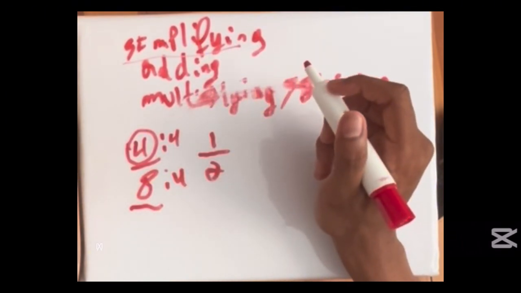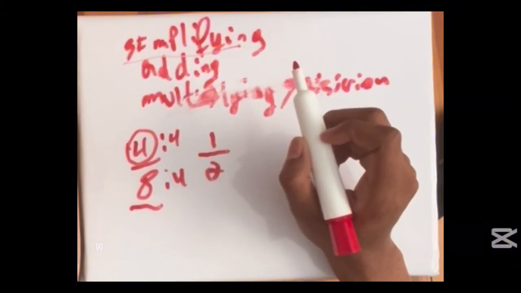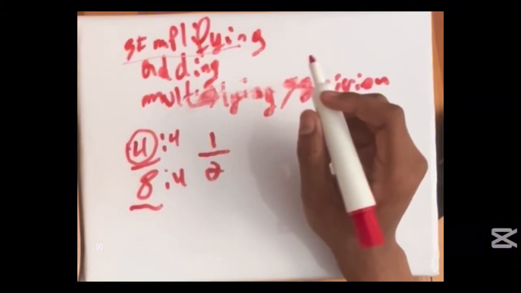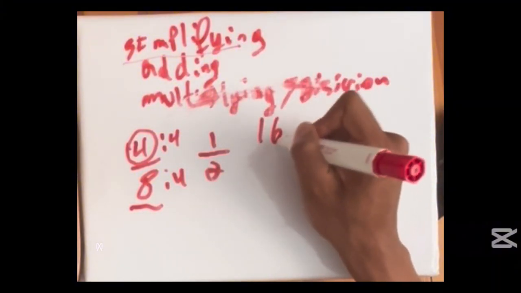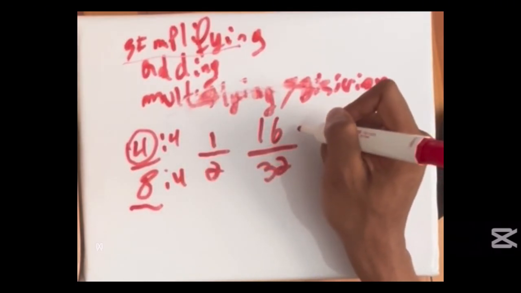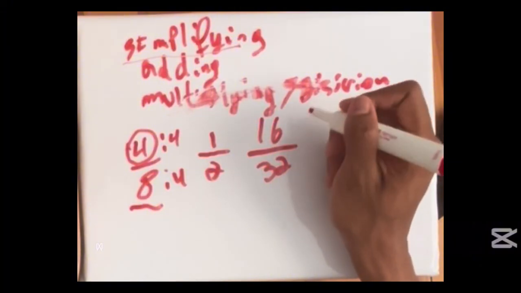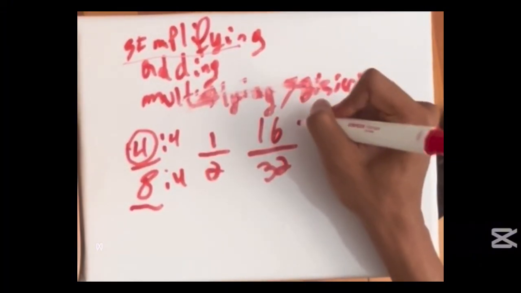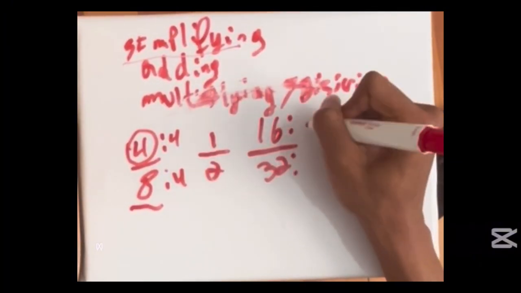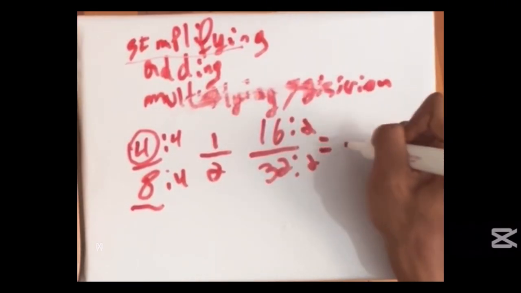So this is a basic. But sometimes if you have large numbers, it can become really tedious and you have to go at multiples. So let's just say you had something like 16 over 32, right? Now you don't necessarily know what will simplify this to its fullest. So let's just start with 2, and divide both by 2.